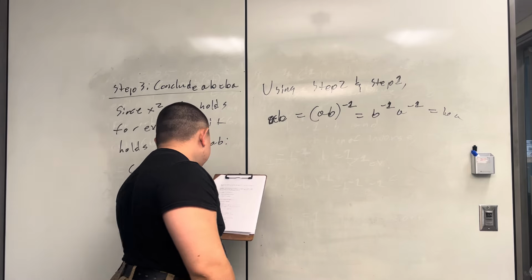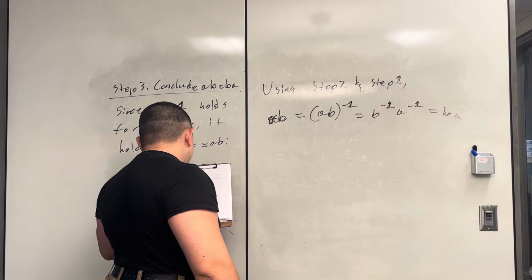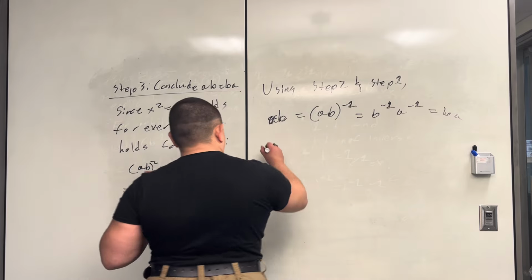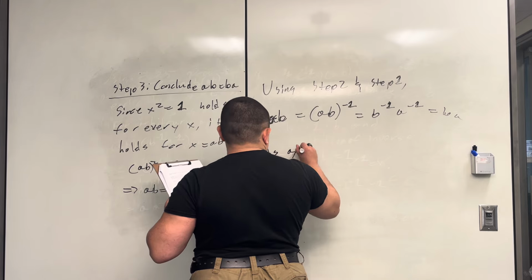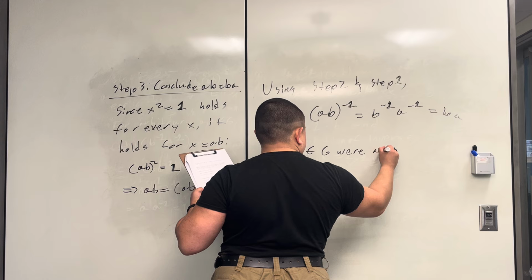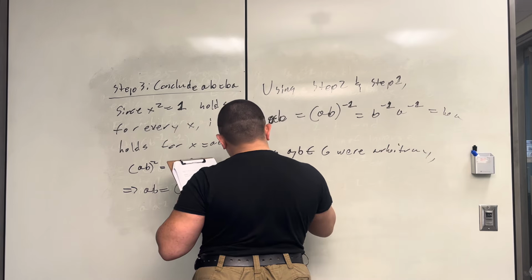So we can swap them around via the inverse. And so as A, B within G were arbitrary, G is abelian.